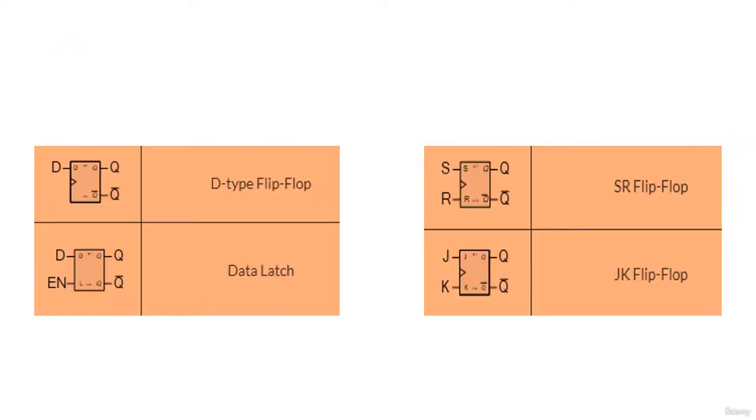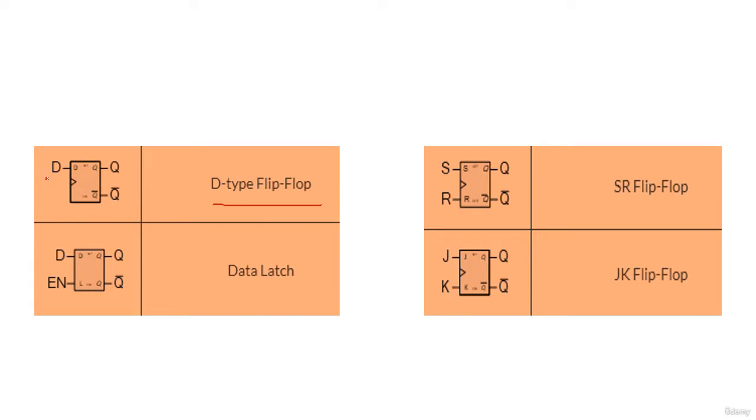Over here in this slide we have the flip-flops. As you see, there are logic gates and there are flip-flops. Flip-flops are always made of logic gates. Here we have the D-type flip-flop.